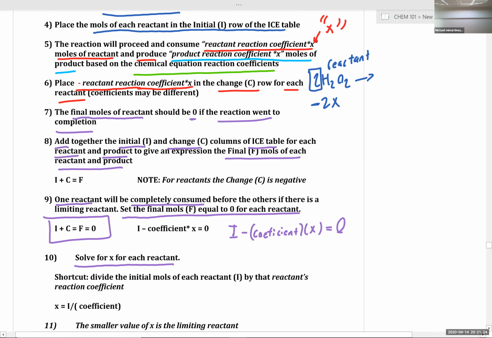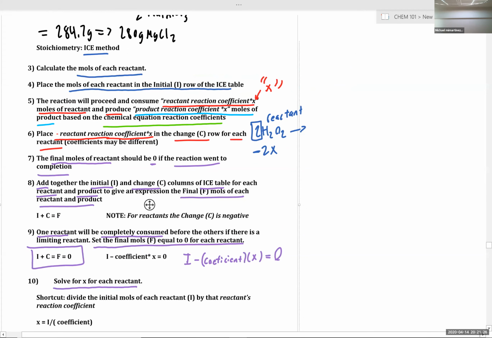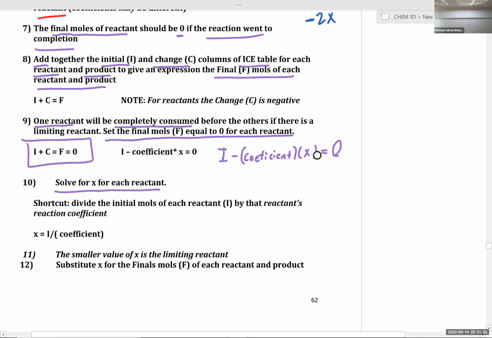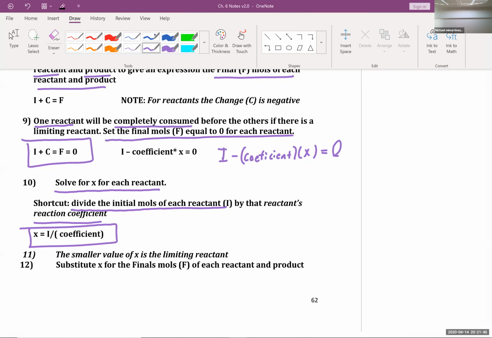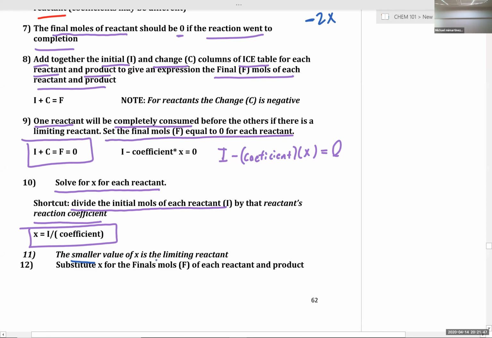Now, a nice shortcut, and this is how I'm able to figure out limiting reactants so quickly: if you divide the initial moles of each reactant by the reaction coefficient, that will give you X. So X is the initial moles divided by the reaction coefficient. And the key feature of this method, the smaller value of X is the limiting reactant.